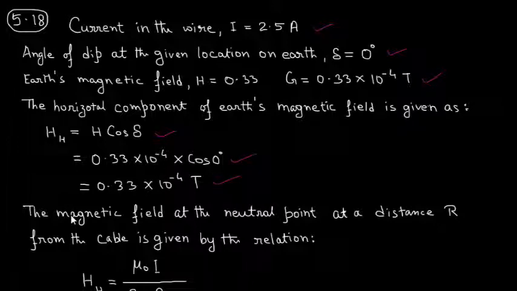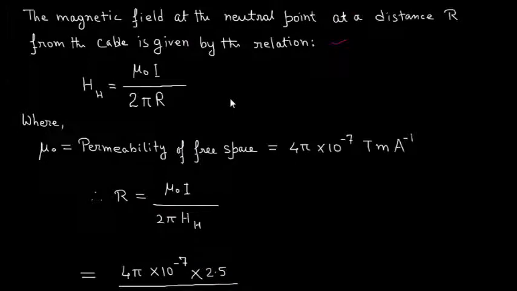The magnetic field at the neutral point at a distance r from the cable is given by the relation H is equal to mu naught I upon 2 pi r, where mu naught is the permeability of free space.